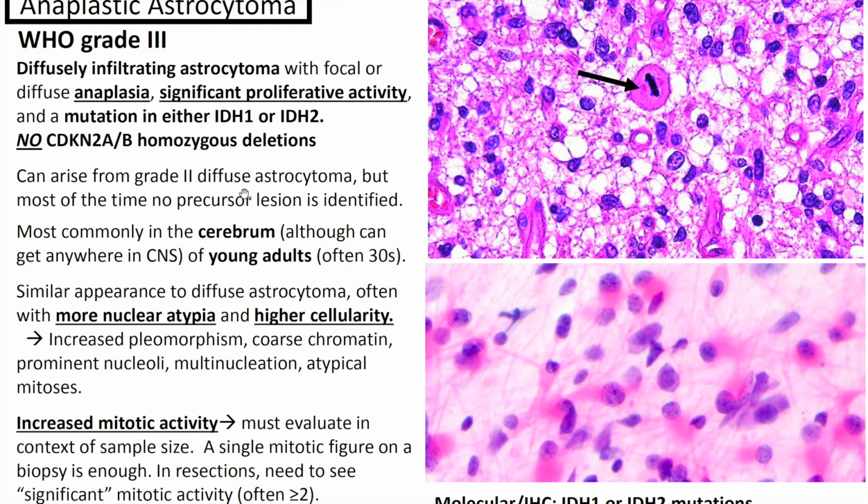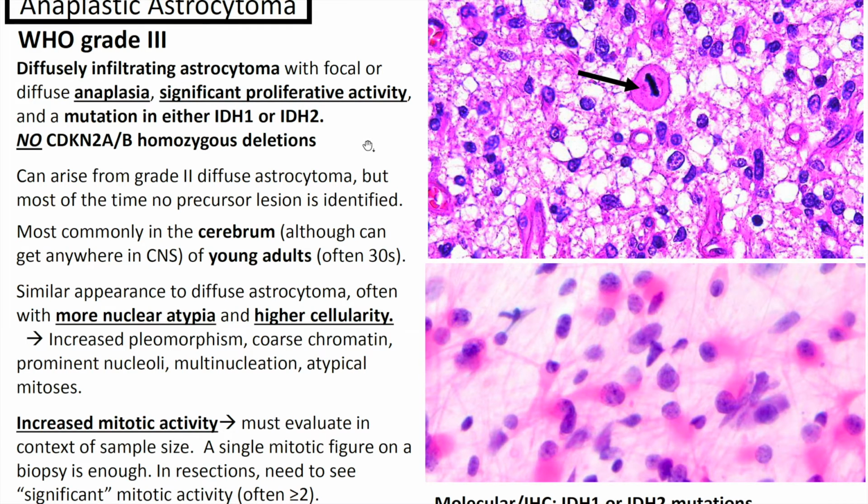These can arise from grade 2 diffuse astrocytomas, but most of the time there's no precursor lesion identified. Most commonly in the cerebrum, although they can occur anywhere in the central nervous system of young adults, often in their 30s. And they have a similar appearance to diffuse astrocytoma, often with more nuclear atypia and higher cellularity.